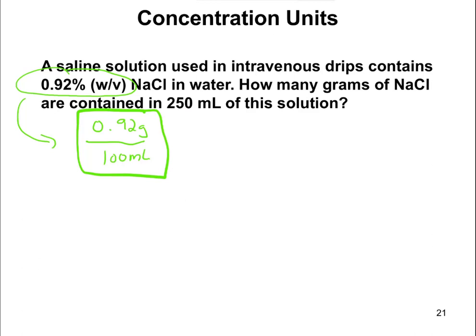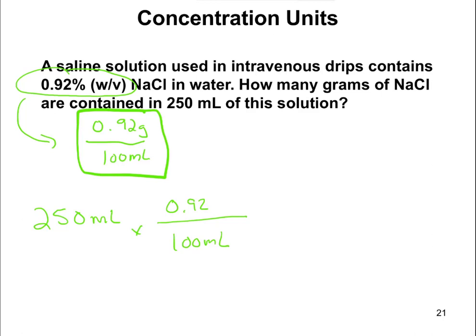So we want to know grams. It says how many grams of sodium chloride are contained in 250 milliliters of the solution. So we can start with 250 milliliters. And then we know that there's going to be 0.92 grams per every 100 milliliters.